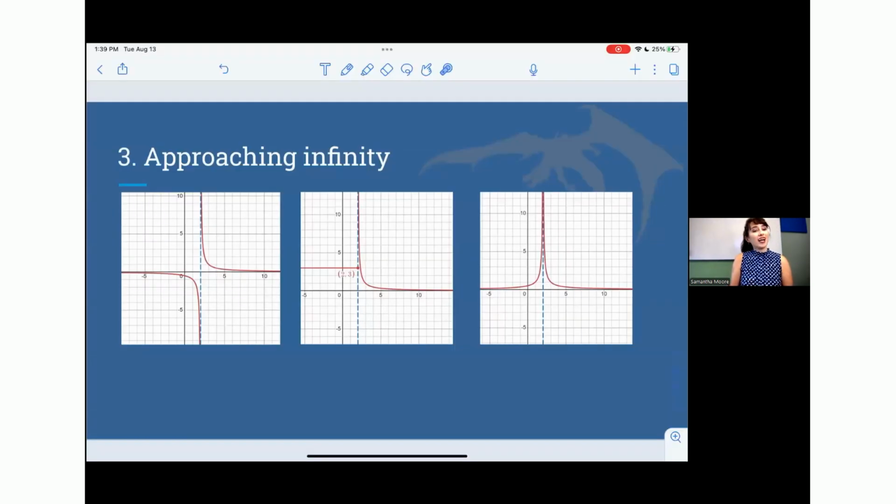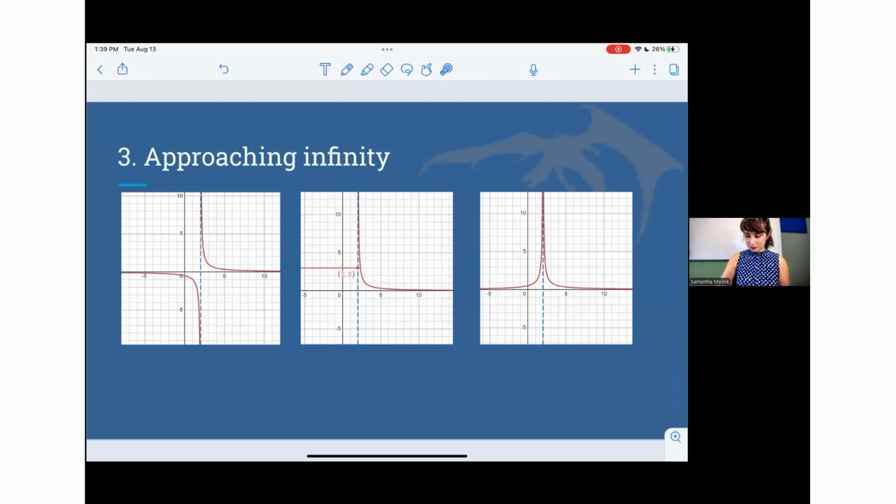All right. And so the last case that we can have limits not exist is when we're talking about approaching infinity, so we need to be careful here. So let's look at these 3 examples of ways that limits could or could not exist involving infinity.